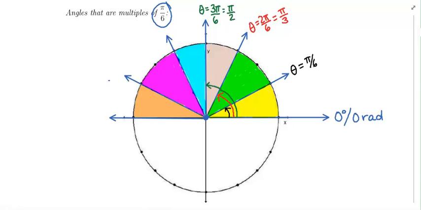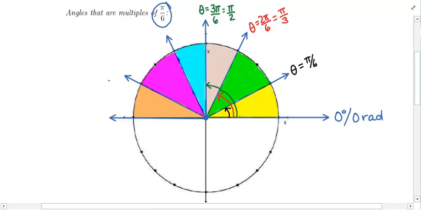Let's keep going. Back to my initial side, I'm going to rotate 1 pi over 6, 2 pi over 6, 3 pi over 6, and end up here at 4 pi over 6, which simplifies to 2 pi over 3.